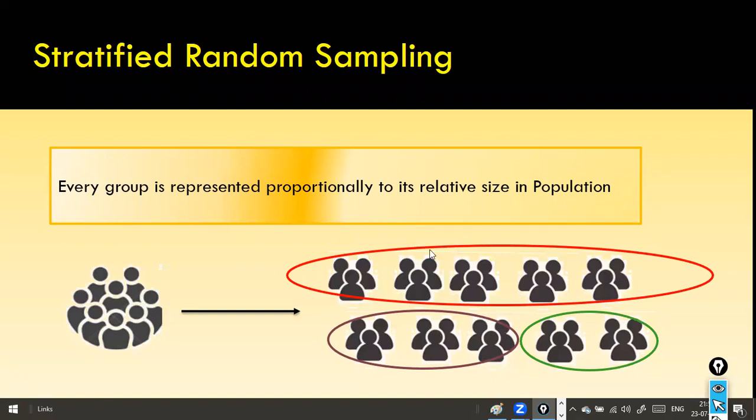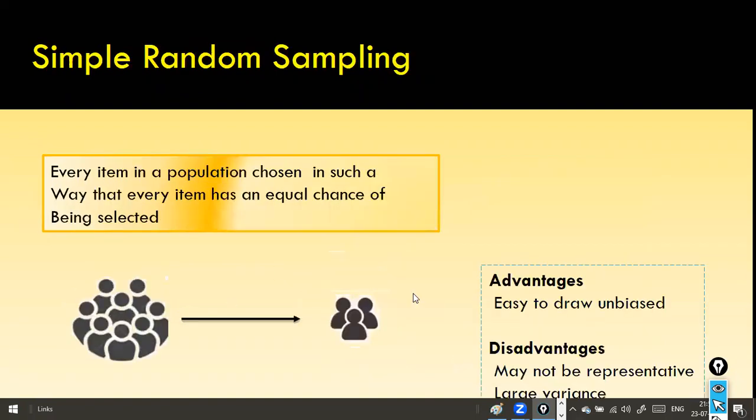Drawing samples across all the groups. Whereas in the case of simple random sampling, you are, in simple terms, closing your eyes and randomly sampling the data, picking objects from the population. In that case, what will happen?